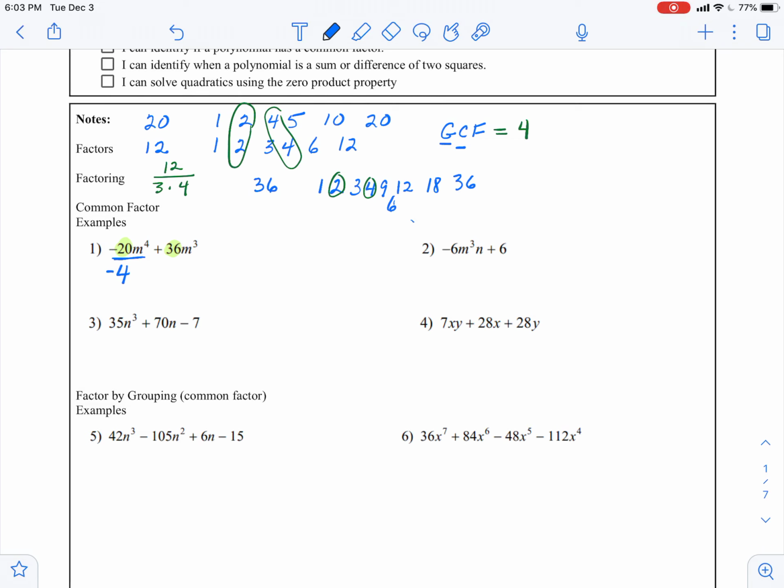Now, variables. Let's talk about how we know what is the most common there. Well, on 20, you've got 4 m's, okay? And on the 36, you have 3. So when I ask what they have in common, you can say, well, here's 1, here's 1, here's 1. So they have 3 in common, okay?